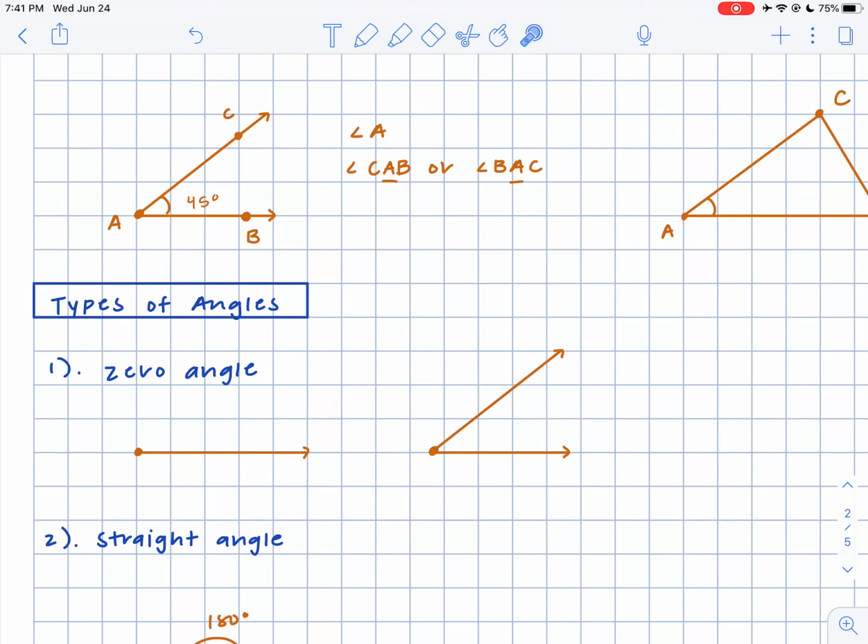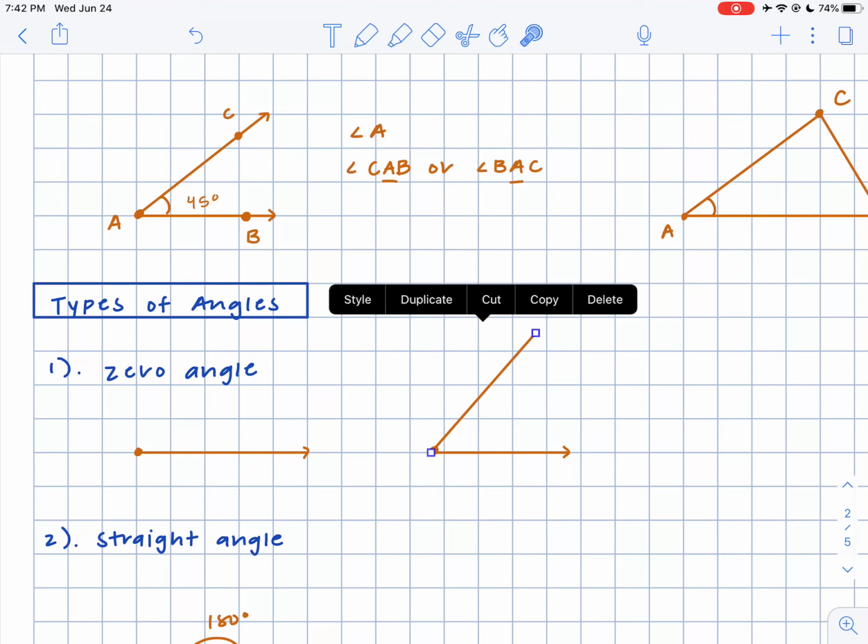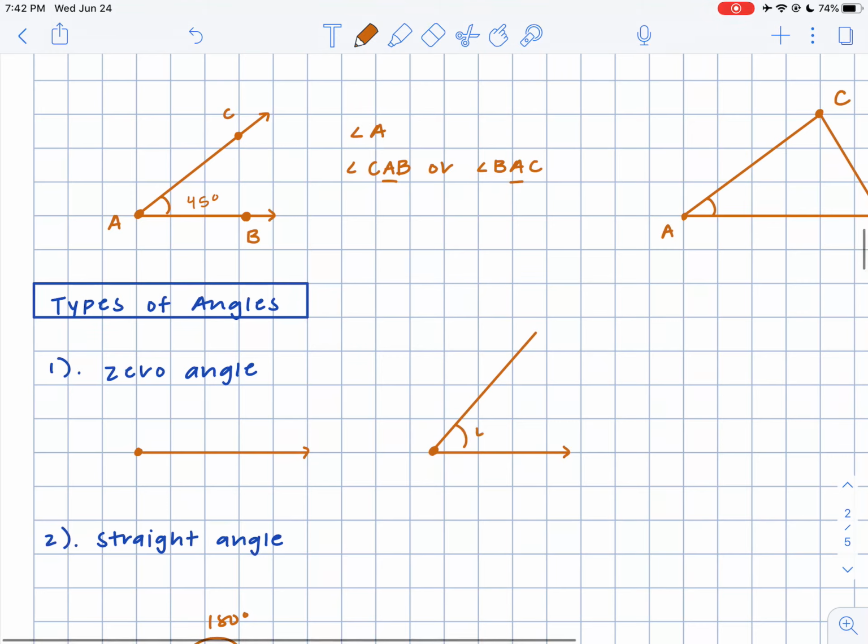Imagine we take this ray and we just sort of move it all the way down until it's on top, right? So imagine we start from here. We have an angle of 45, right?